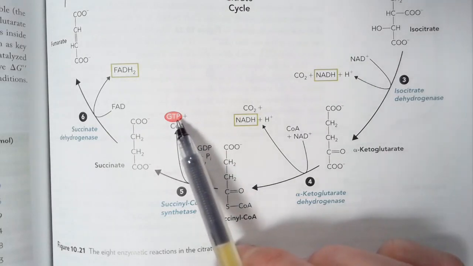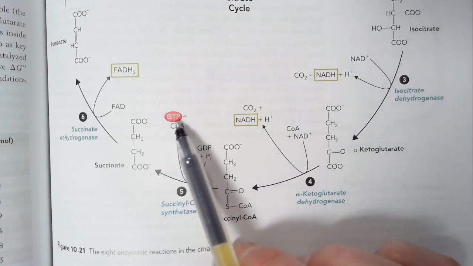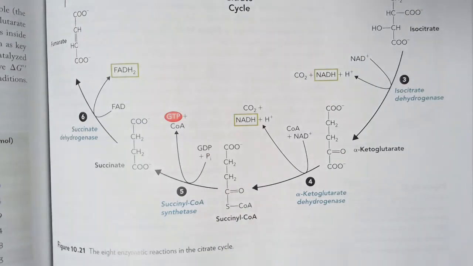And GTP is equivalent to ATP as far as energy is concerned. So we'll just say that one ATP equivalent is produced here in step 5. So we had step 4, 1 NADH produced, and step 5, 1 ATP produced.